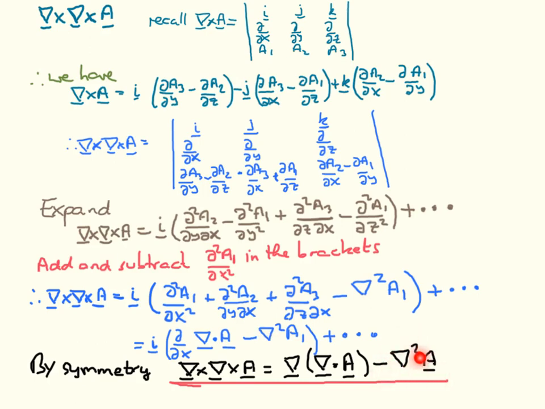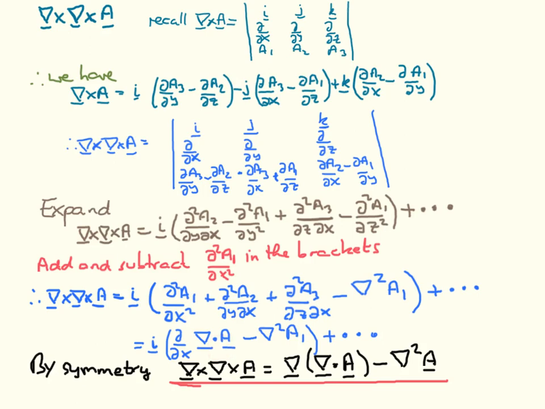The Laplacian is a scalar operator here, d²/dx² plus d²/dy² plus d²/dz², and all of those three sets of two derivatives are acting upon each component of A, just as we see here for the component in the x direction. And these terms here, well, this is in the i direction, the derivative with respect to x of the divergence. In the j direction, we've said we're going to have the derivative with respect to y of the divergence.